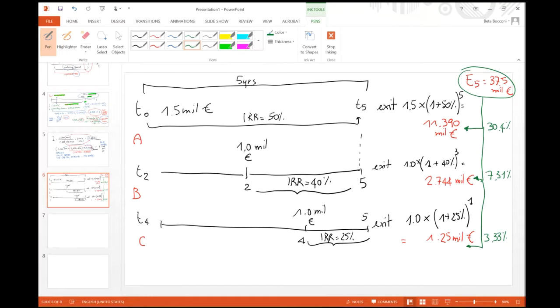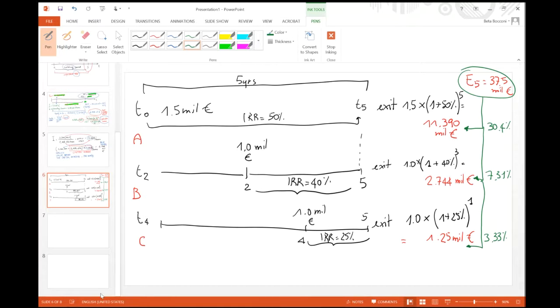So, from this point of view, it's pretty easy to get these values, taking simply the value of these 3 numbers and dividing them by the equity value at T5.